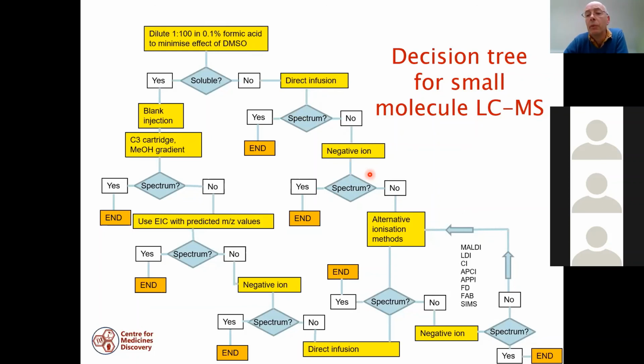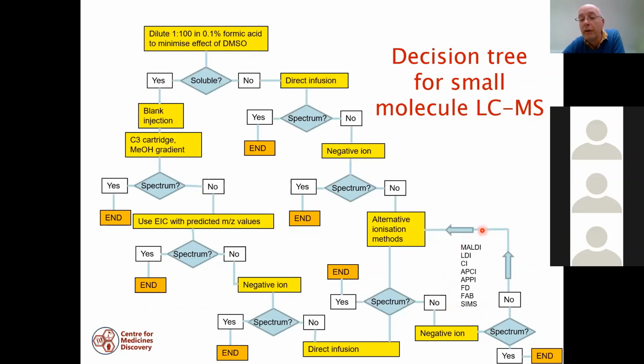Everything will ionize by mass spec. Everything. I've never come across anything that didn't, but it's not necessarily going to work in the LC conditions you've chosen or with the ionization mode you've chosen. There are a number of different ionization modes available.